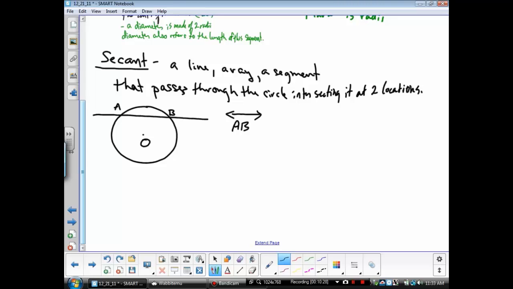The chord itself, segment AB, is not a secant. But when you have a line that goes through A and B, then you have a secant. It has to pass through the circle. You could also have ray AB and call it a secant, or ray BA. All of those are secants.